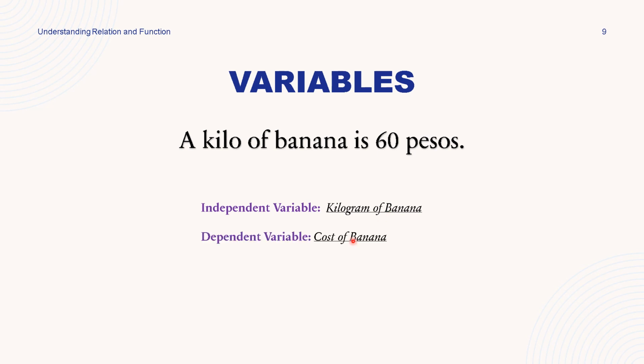So technically, your dependent variable would be the cost of banana. For example, if I have 1 kilo of banana, I will have a cost of 60 pesos. If I have 2 kilos of banana, you have 120 pesos. The independent variable would be the number of kilos of banana, and the dependent is the cost of banana.